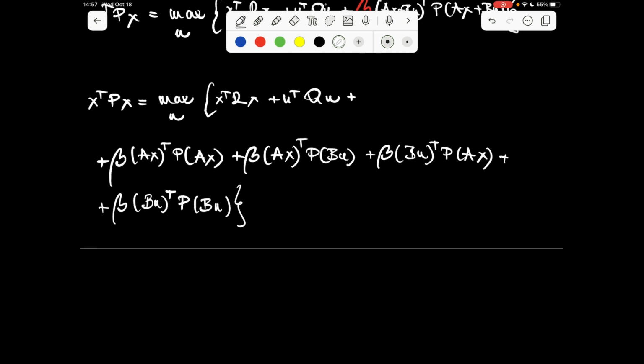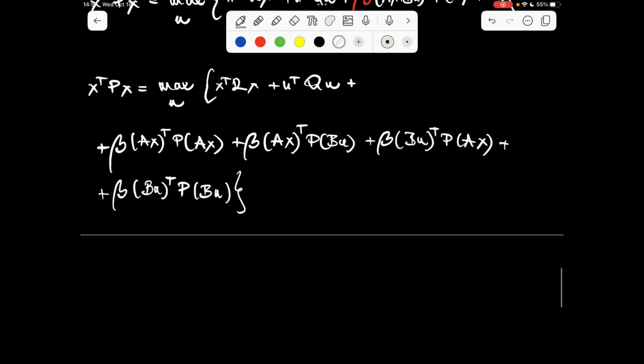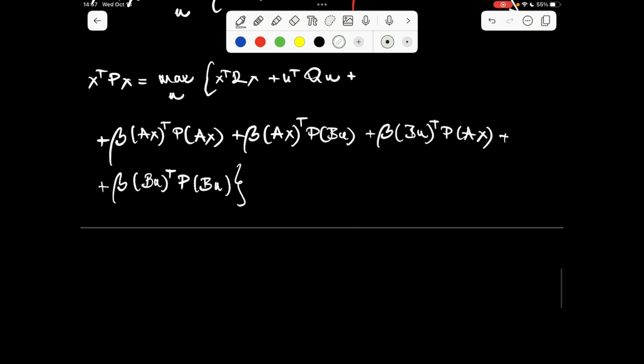Okay, so by following the same steps as we followed previously, we can highlight only the relevant parts.